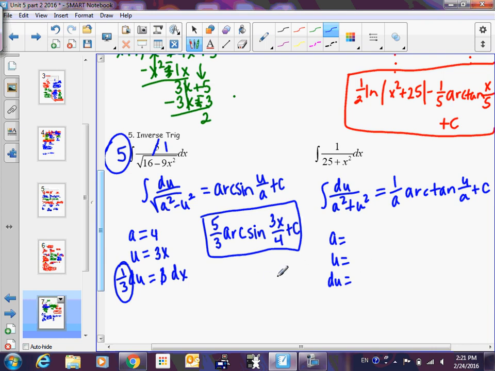That's true for both things. So what is a? 5. What's u? This is the only time you get to just let u be just a single x. So there's no number I have to divide over. So we can just go straight into the formula. 1/5 arctan of x over 5 plus c.